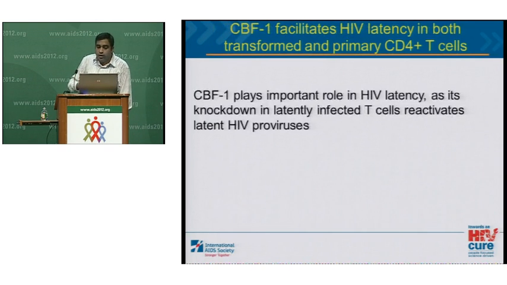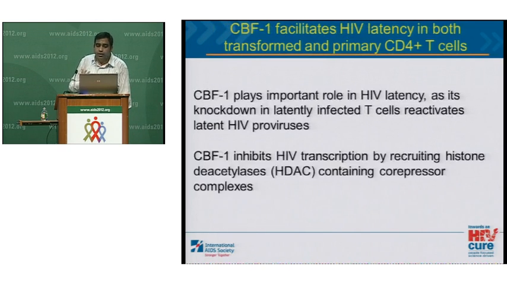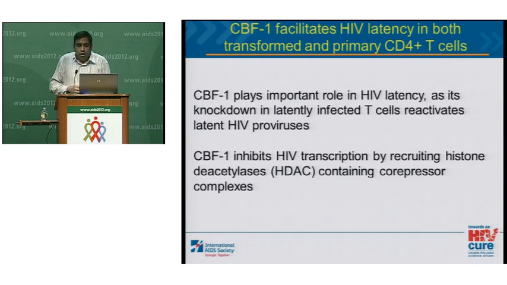CBF1 inhibits HIV transcription by recruiting HDAC-containing co-repressor complexes. Those HDAC histone deacetylases then deacetylate the core histones, induce a transcriptionally repressive chromatin structure, and inhibit transcription. So these results demonstrate that CBF1 induces HIV latency by recruiting co-repressor complexes at the HIV LTR.